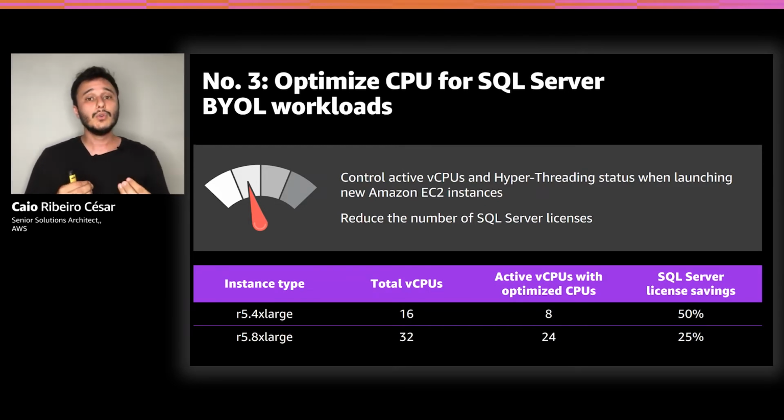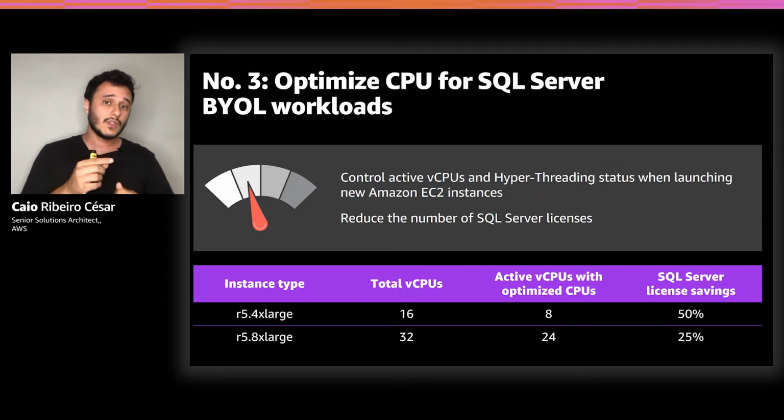Because you want to reduce the number of licenses needed for SQL Server, right? So that also reduces the costs. When we are doing the analysis with customers in order to either reduce the costs of SQL servers they already have in Amazon Web Services, or SQL servers that they are migrating to AWS, we take into consideration the CPU optimization.